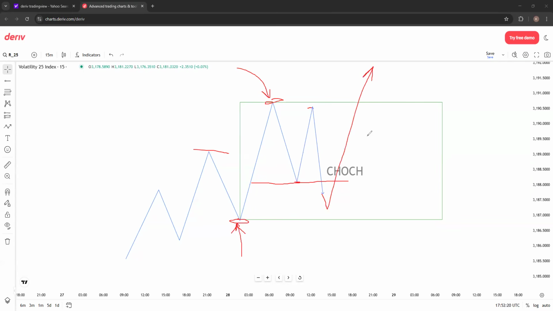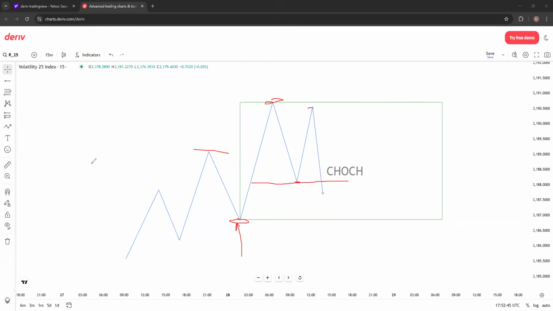This is why when we see a change of character in the market, we don't completely rule out that we have stopped buying and are now overly selling, because we consider our holding low and our holding high.